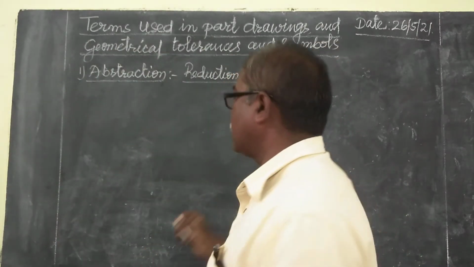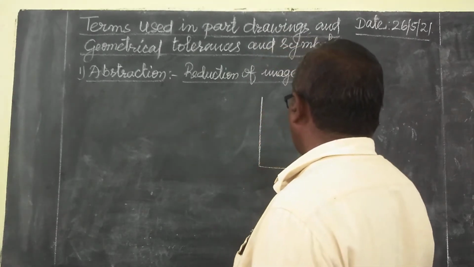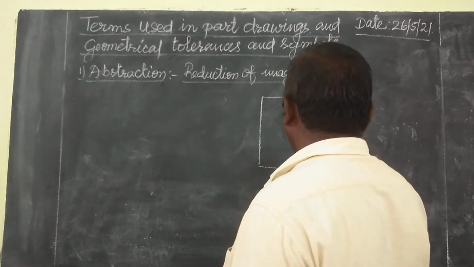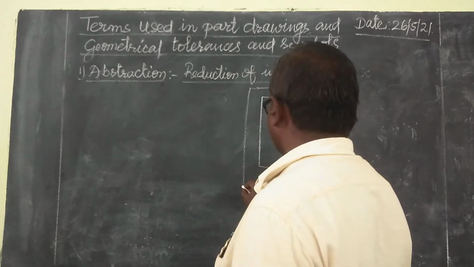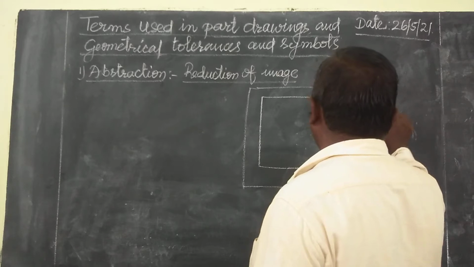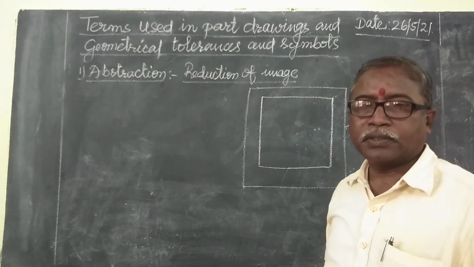You take the border line like this in a drawing sheet of paper. This is a paper drawing sheet. Then this is the image.